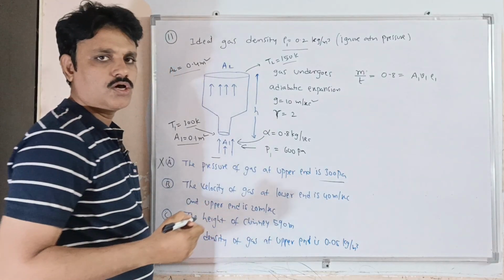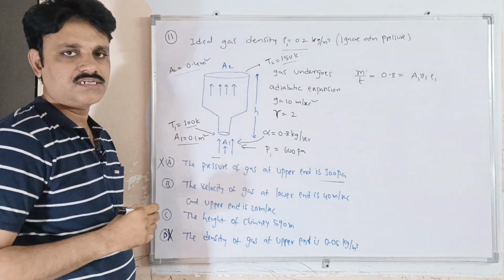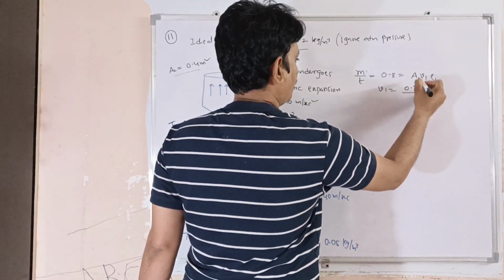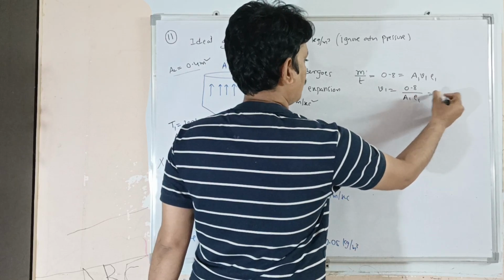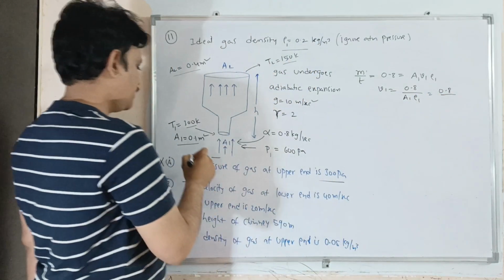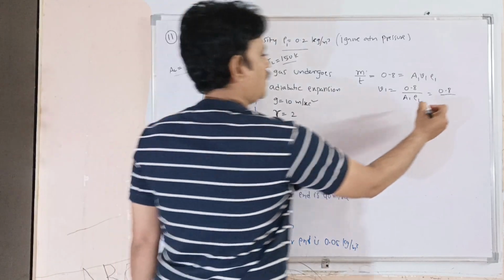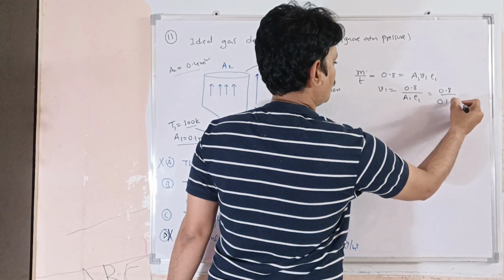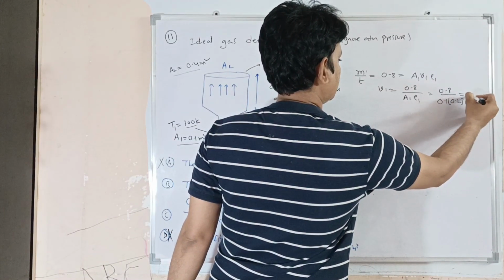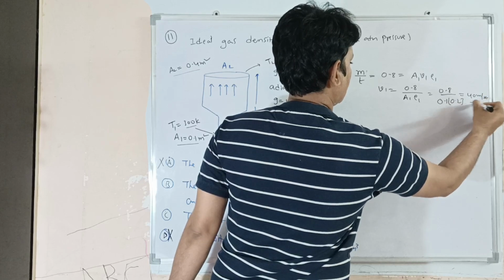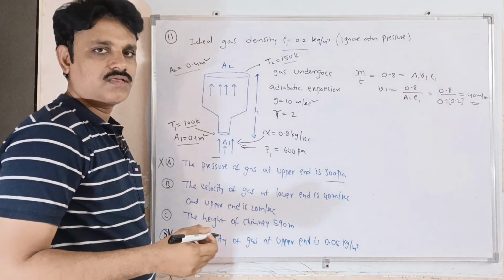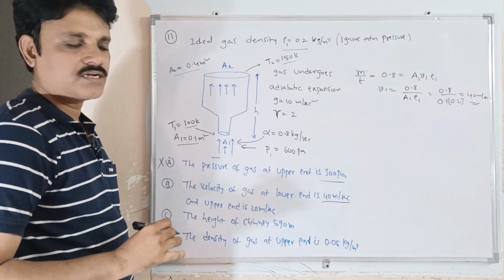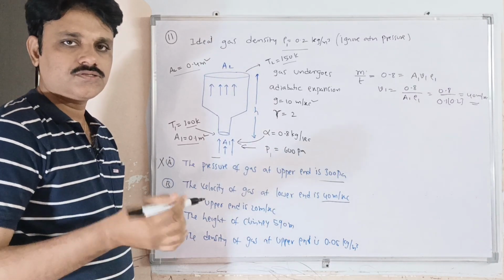So mass rate is nothing but A1 V1 rho 1. So the velocity V1 is equal to 0.8 by A1 rho 1. The area of cross section at the lower part is 0.1, and density at the lower part is 0.2, so this is equal to 40 meters per second. Okay students, we proved that the velocity at the lower part is 40 meters per second. In the answer also 40 meters per second at the lower part of the chimney is given, so that is the right one.